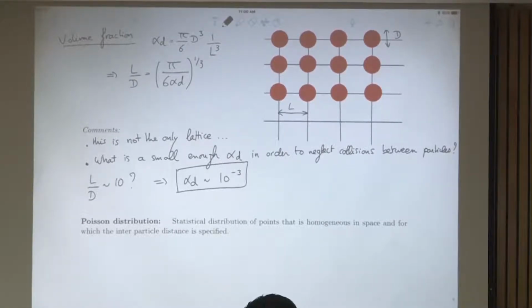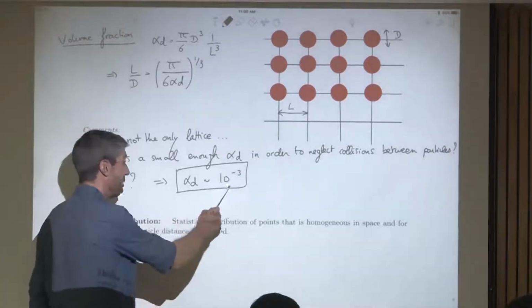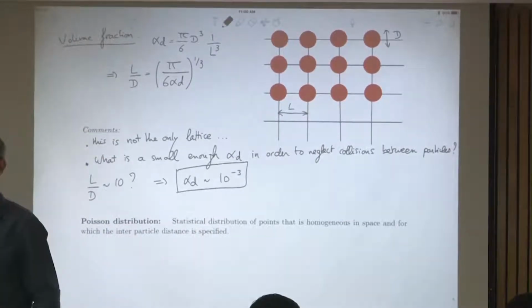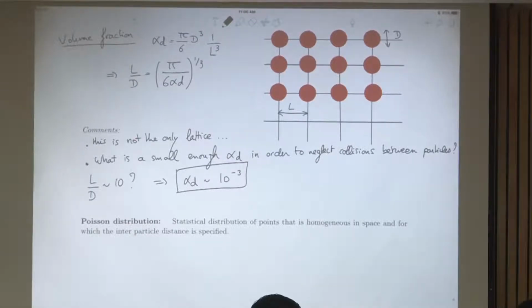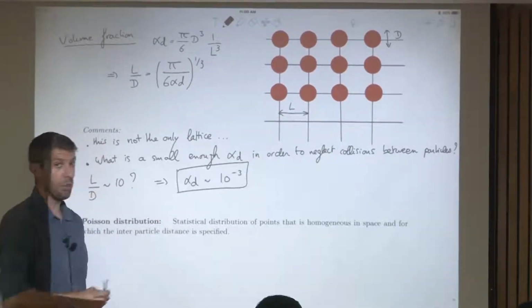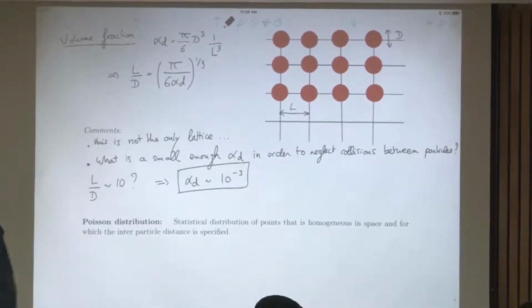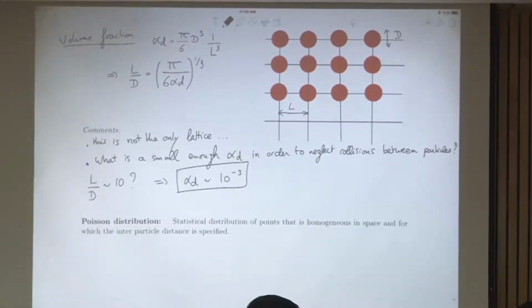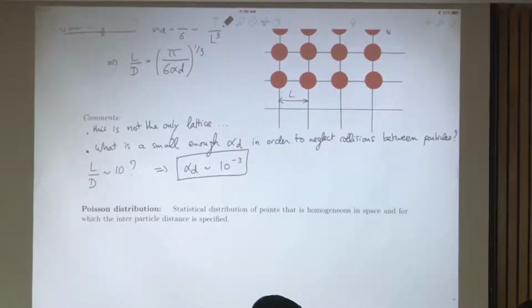If my volume fraction is on the order of 10 to the minus 3, then my carrier phase volume fraction is essentially 1. And therefore my mass ratio will be the density ratio times alpha D. We said our density ratio is 1,000, and therefore my mass ratio is 1.